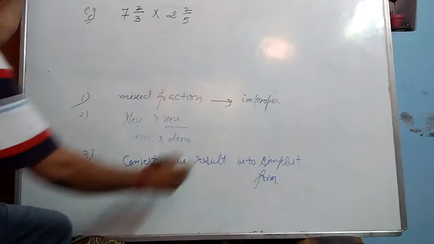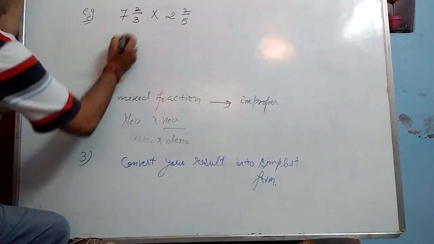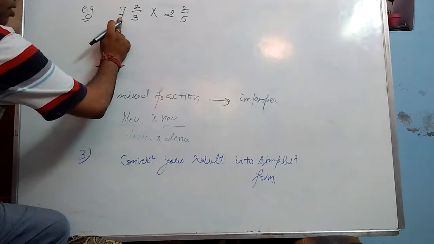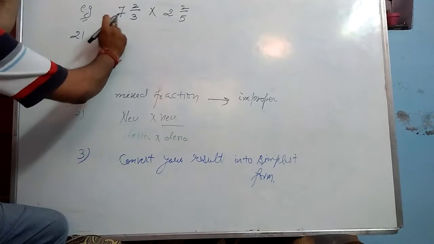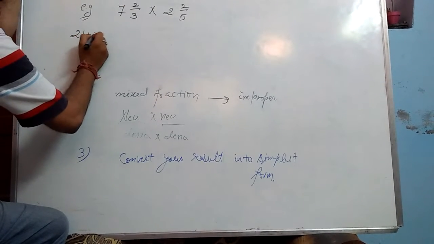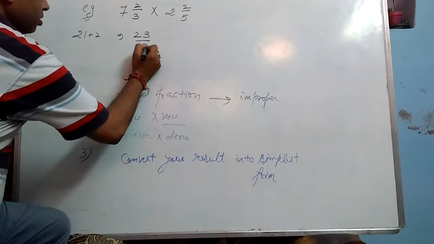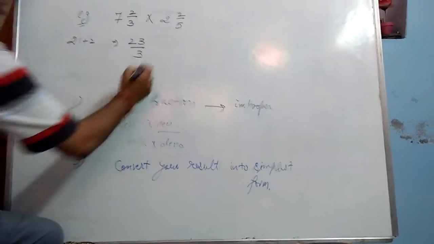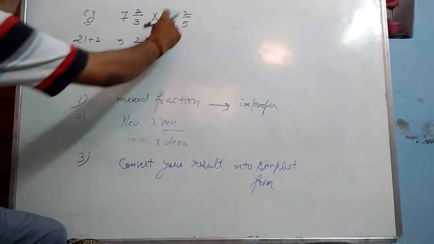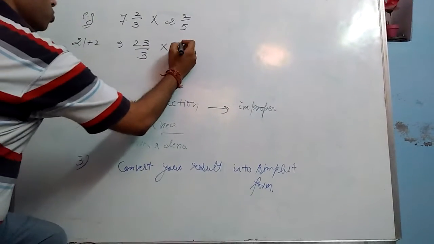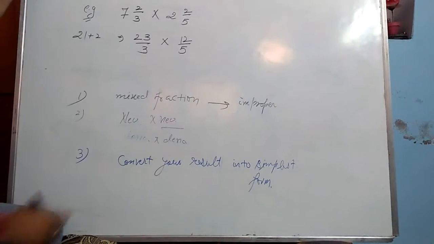Convert these two fractions into improper form first. So my first improper form is 7 multiplied by 3, we get 21, and 21 plus 2, here I got 23 upon 3. In the same way, 2 multiplied by 5, we get 10, and 10 plus 2, we get 12. So we get here 12 upon 5.